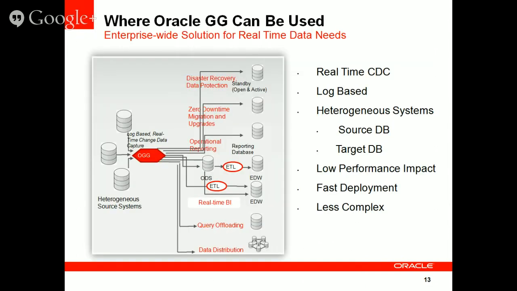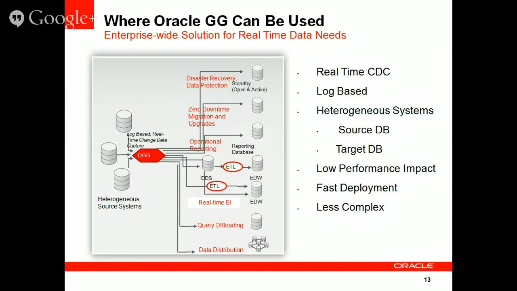So where can Oracle GoldenGate be used? If you want to do real-time CDC, or you are having log-based databases, log means transaction logs. For example, in Oracle, you are having redo log groups to capture the changes of the database.